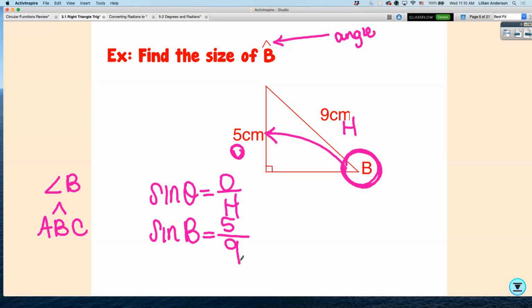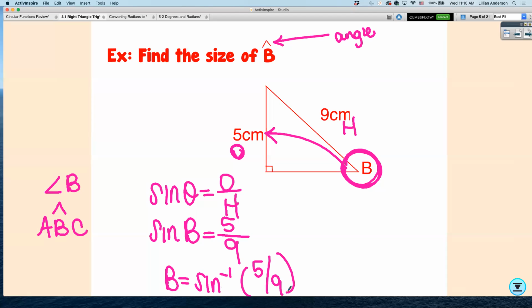Now this is a tad bit different from when you're looking for a side length. When you're looking for an angle measure, you want to do the inverse of the trig function. Because you can't divide by sine, because sine is attached to an angle. To get rid of the sine, you do the inverse of that trig ratio.